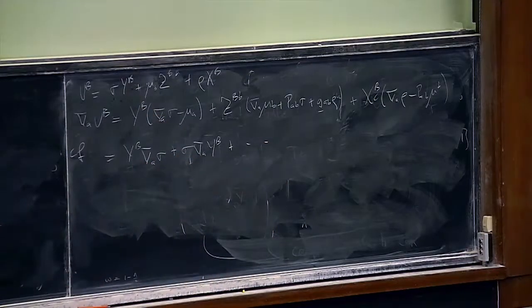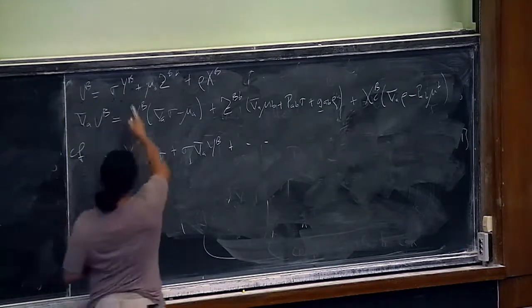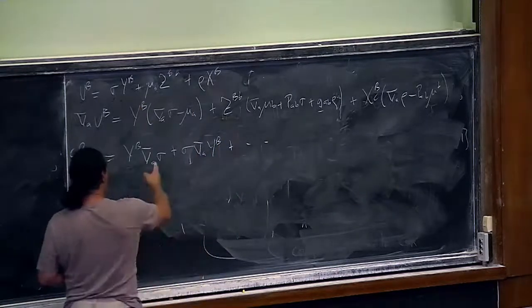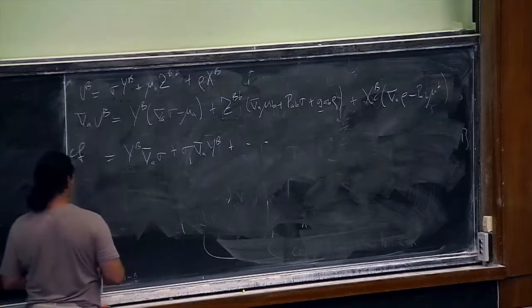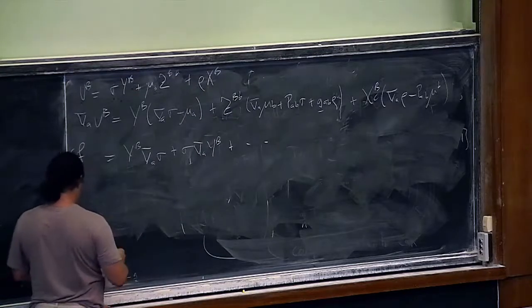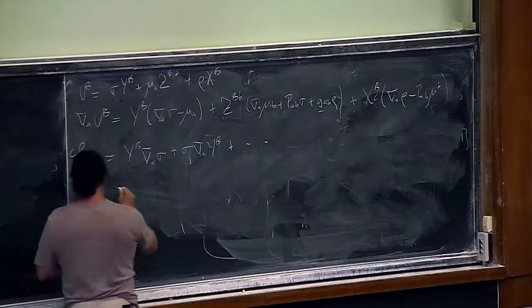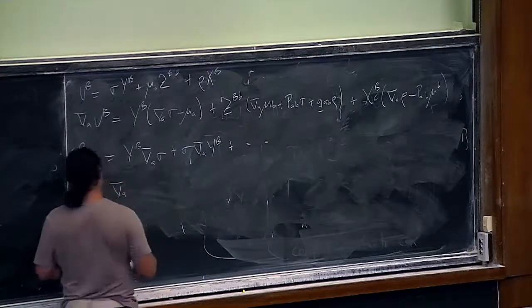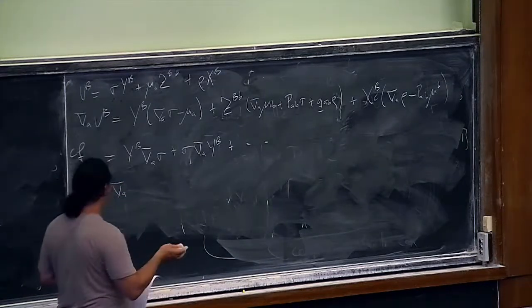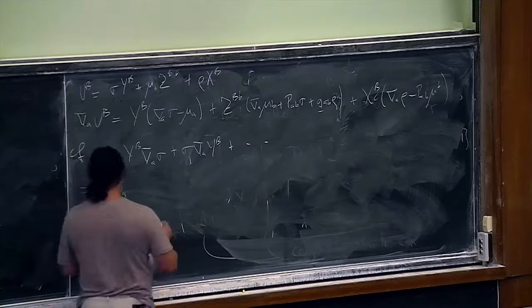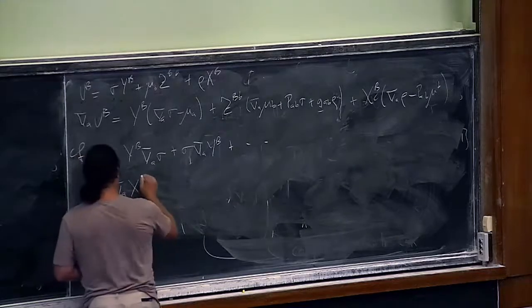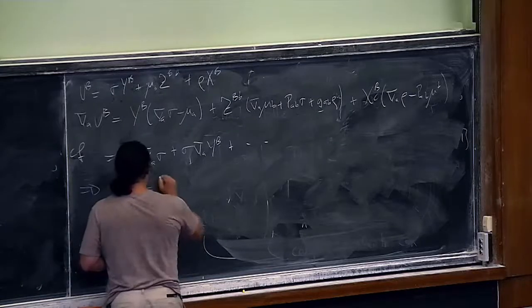I'll run out of time if I write it, but you just write down the different terms you get, and then you equate coefficients. So you equate coefficients of Y's and Z's and so on. You equate the coefficients of sigma, mu, and rho, actually. So what you get is that the derivative of X B is Z B A.